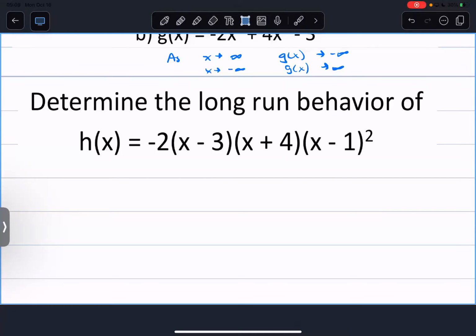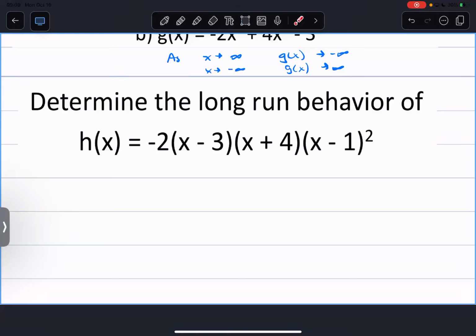But if I have to determine the long run behavior of this thing, what do I need to do? I don't need to expand it, although you could. That's a safe way to do it, but it's very tedious, right? What are you looking for? You're looking for the highest power of x, and then whether it's going to be flipped on the x-axis or not, right? And that's really all you're interested in.